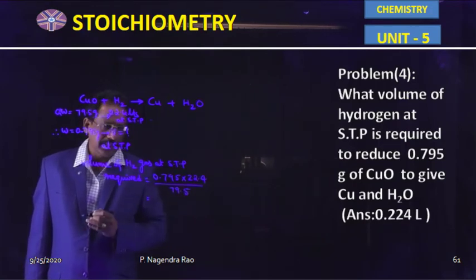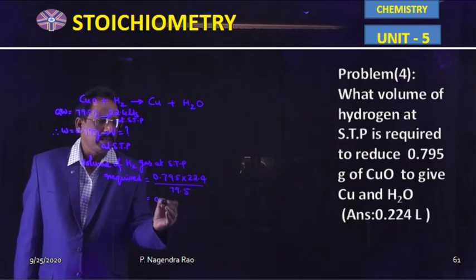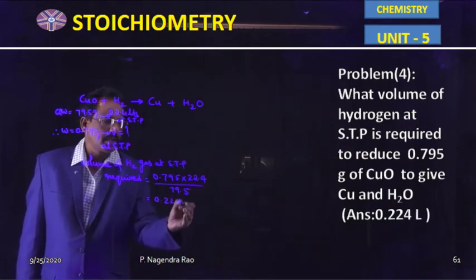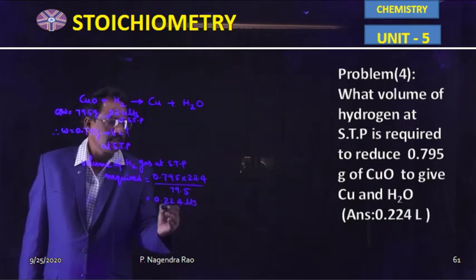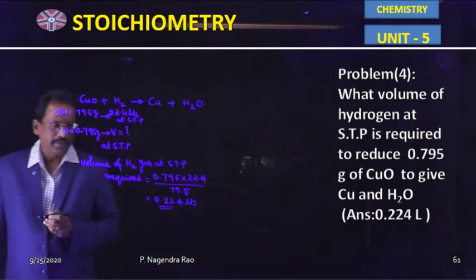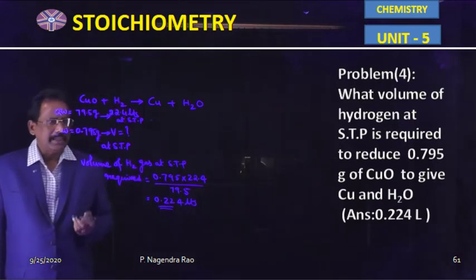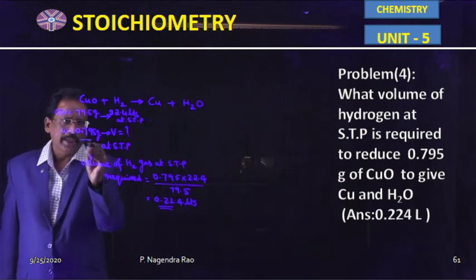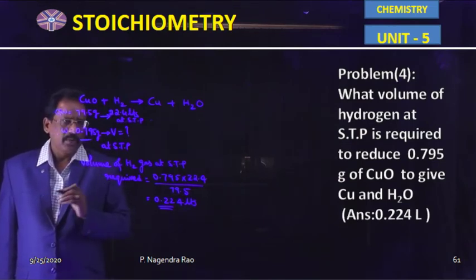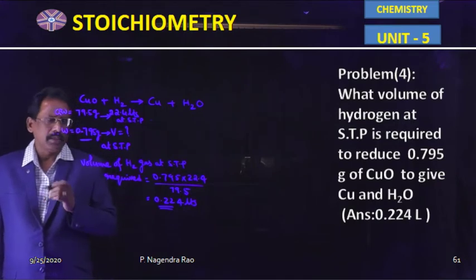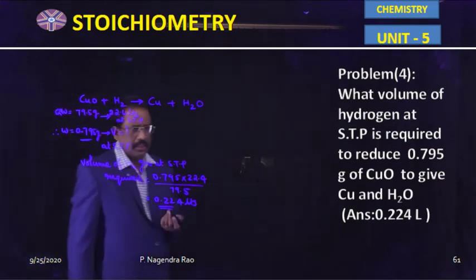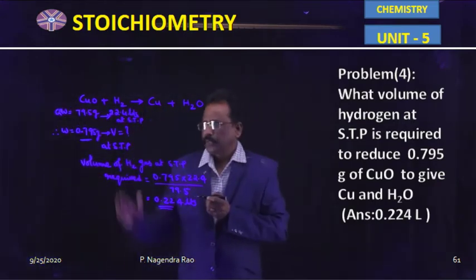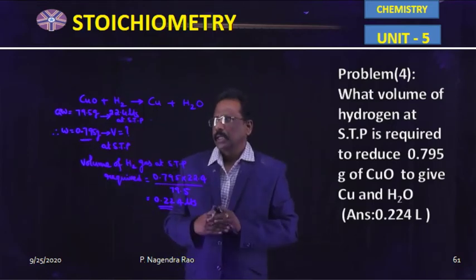So this is equal to 0.224 liters. So this much volume of hydrogen gas is required to reduce 0.795 grams of cupric oxide. So this is one of the examples of weight volume calculation.